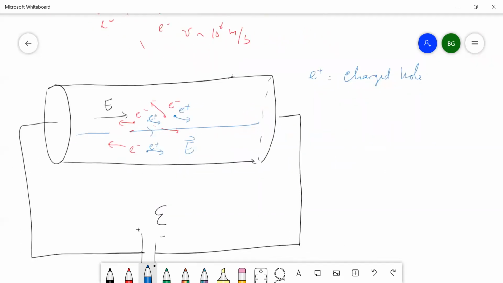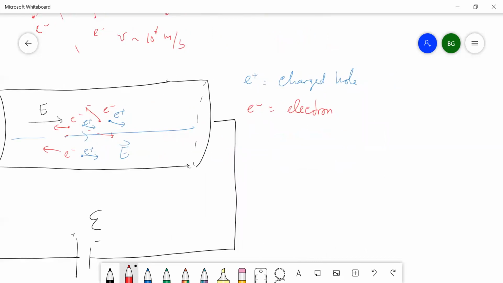So this is an electron. The red one is an electron. And this is a positive charge hole. A hole is something like an imaginative particle.